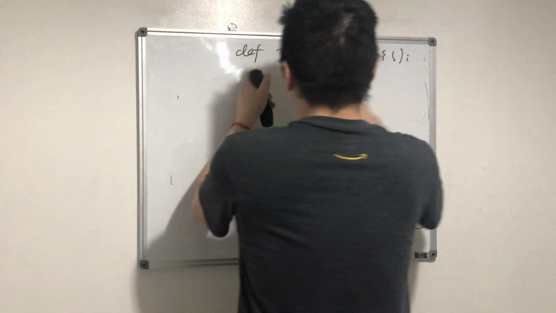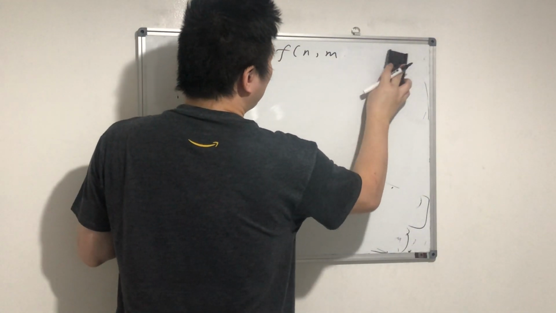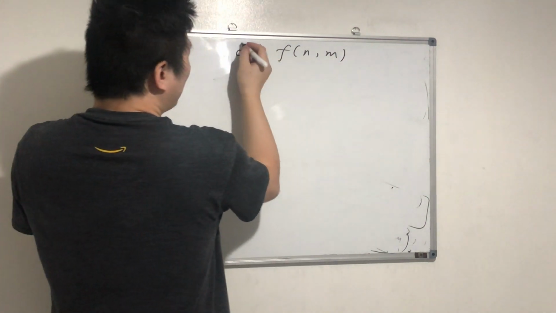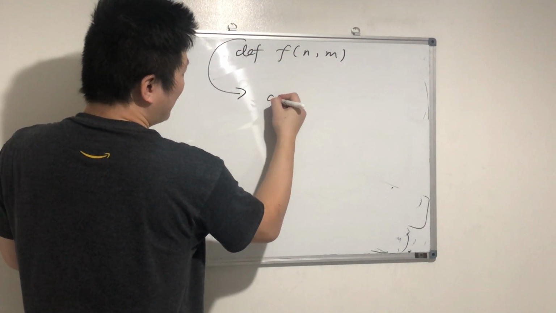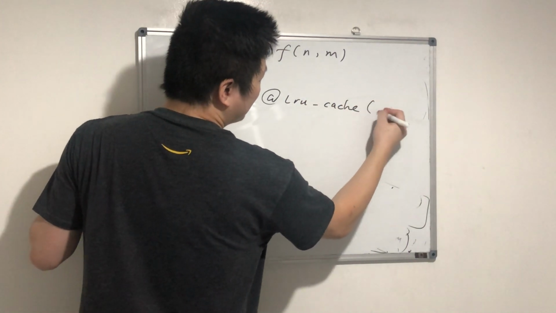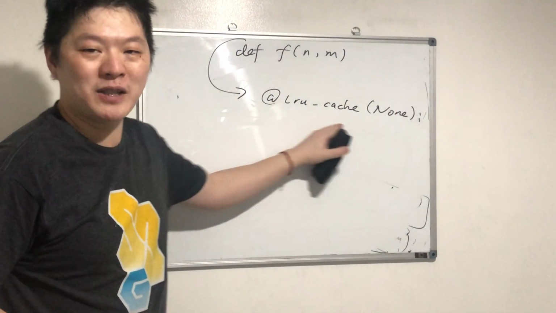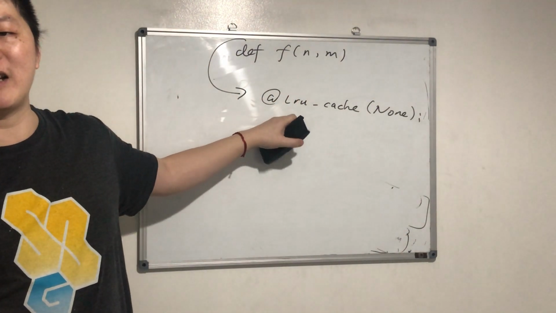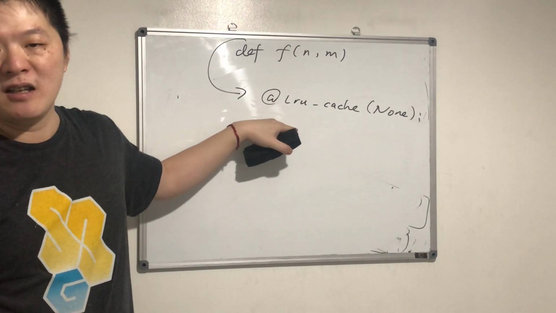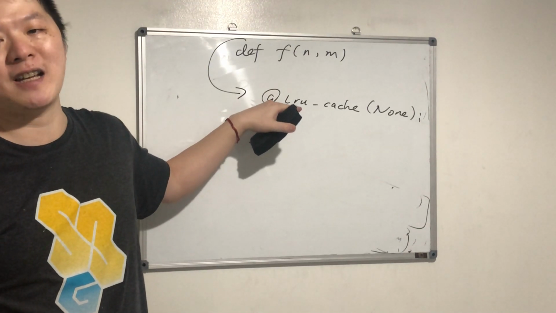Remember, yesterday we talked about if we don't want to implement a notebook, we can put something at the beginning. Do you still remember? Add LRU cache, max size equals none. So when you put this, it means the computer will cache this function as much as it can.